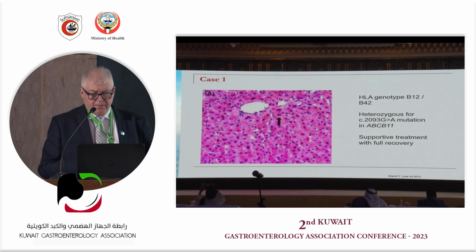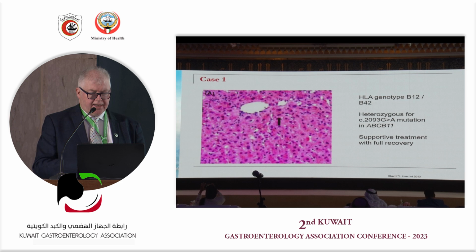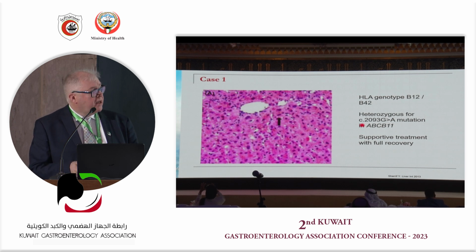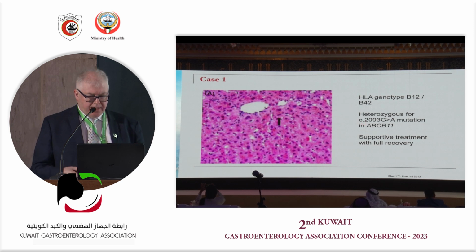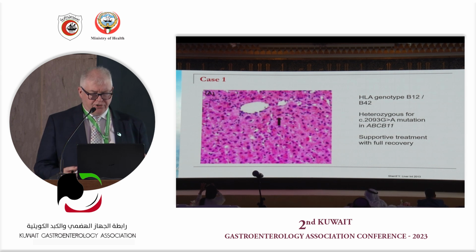Now, what is also important, and I'll touch on this again later in my talk, is that the genes that regulate the bile salt export pumps, multidrug resistance protein 3, on the edge of hepatocytes are increasingly recognized as being important in patients who develop drug-induced cholestasis.